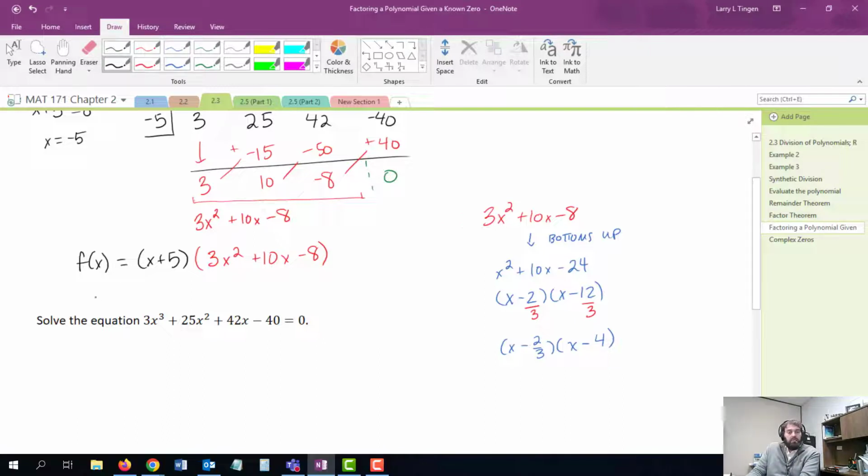And now I have f of x is equal to x plus 5 times 3x squared plus 10x minus 8 breaks down into x minus 2/3 and x minus 4.